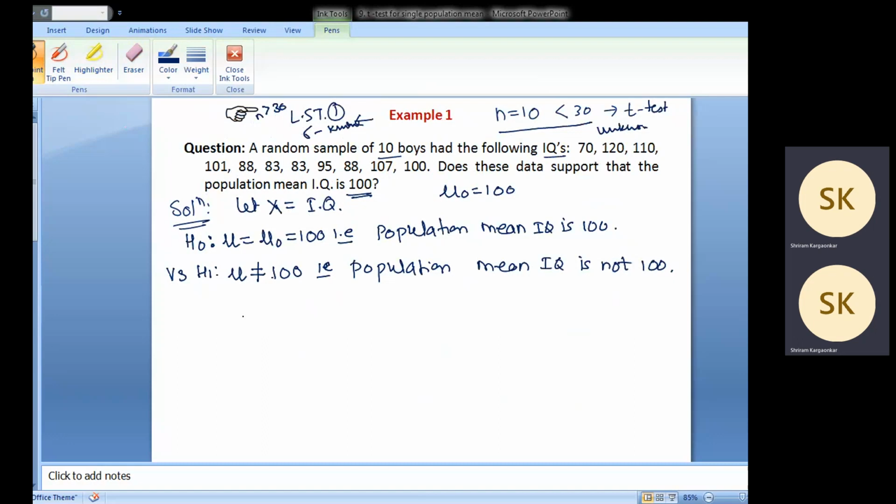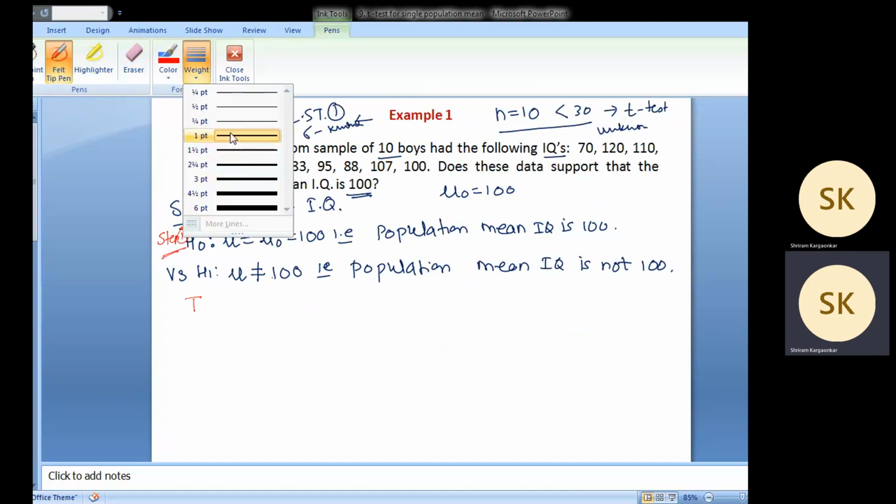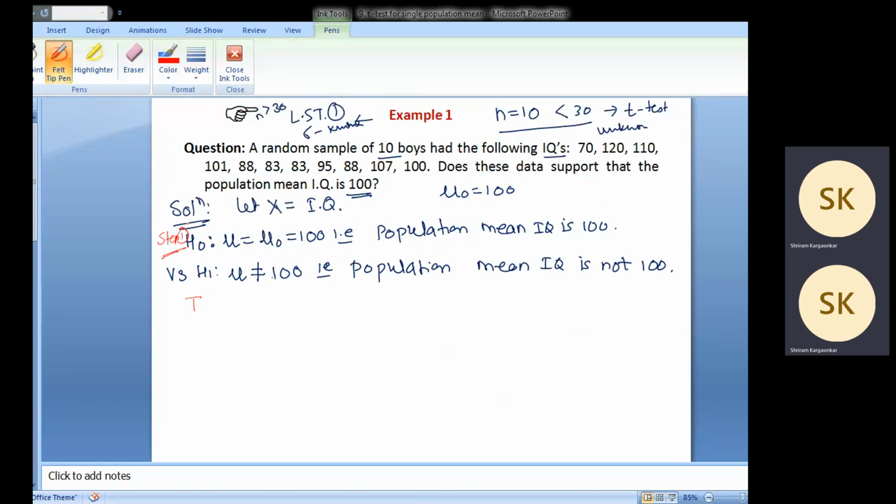Now we write the test statistic. This was step 1. Now we are moving to step 2, that is the test statistic.